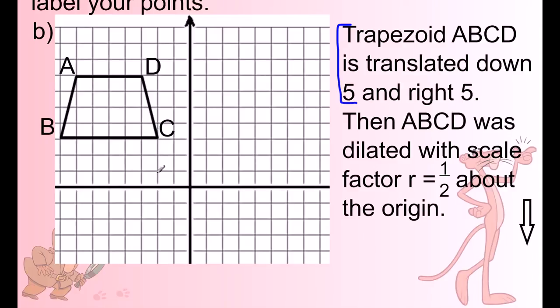So starting here. 1, 2, 3, 4, 5. 1, 2, 3, 4, 5. And that's just C, so we can label it. 1, 2, 3, 4, 5 is D. 1, 2, 3, 4, 5 is A. And 1, 2, 3, 4, 5 is B. The drawing of the image in here isn't going to help us too much.